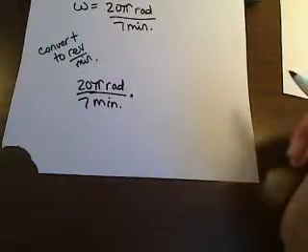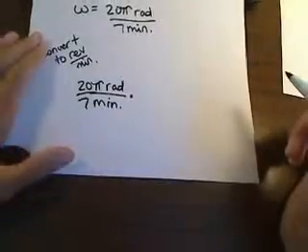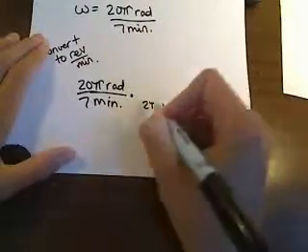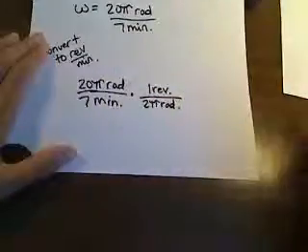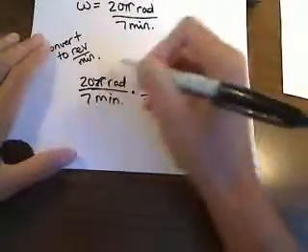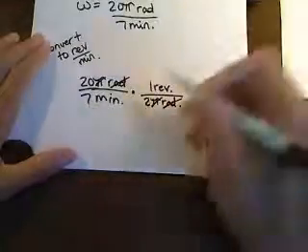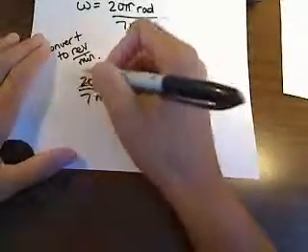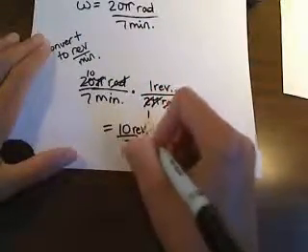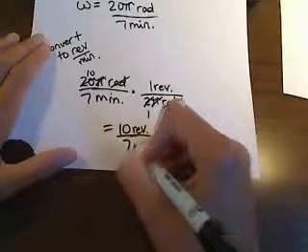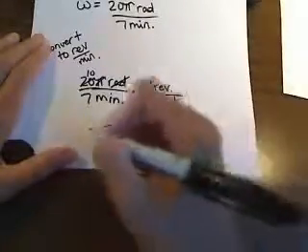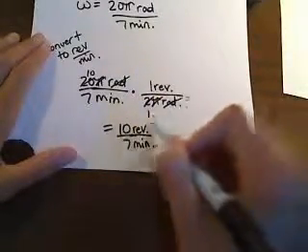Now I can use that relationship between 2 pi radians and 1 revolution. This time I want to put the 2 pi radians in the bottom because I want the revolution in the top because I'm converting in the other direction. Okay, and so the pi's will cancel, radian units will cancel, 2 goes into 2 once and into 20 10 times. And so really we're left with 10 over 7, 10 revolutions for every 7 minutes. Okay, and that would be your answer here. So that's it.